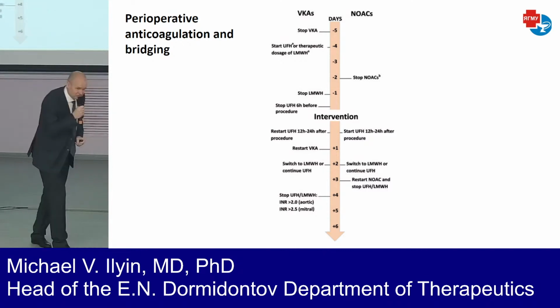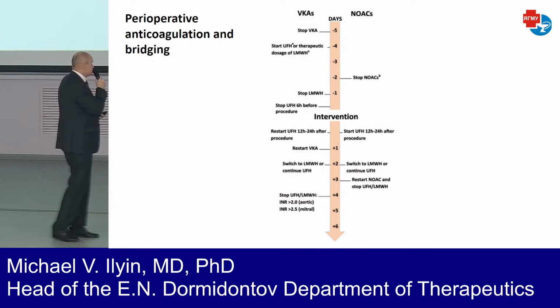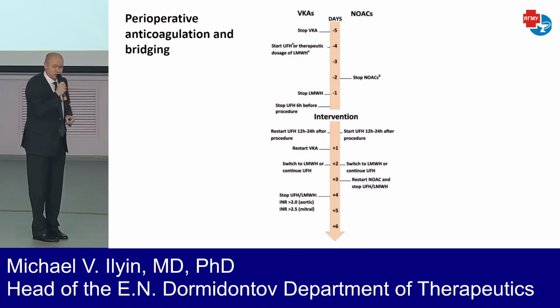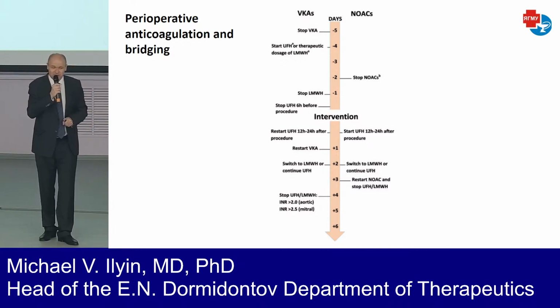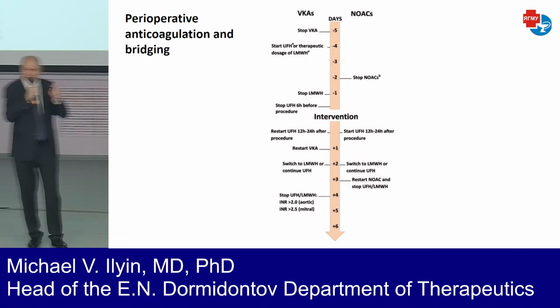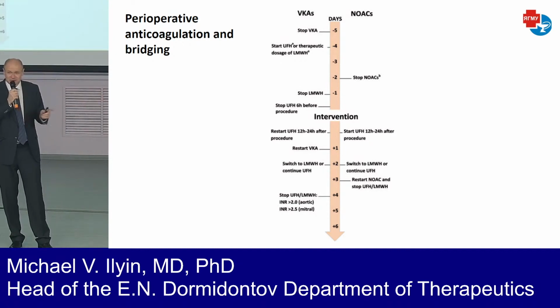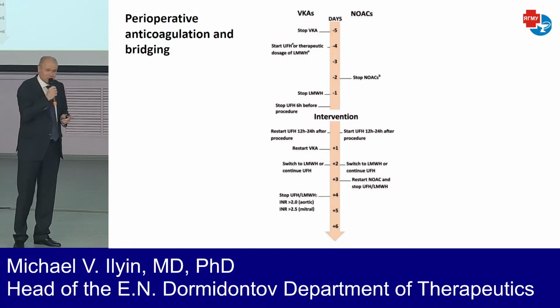No problem. Okay, if not, we have to stop unfractionated heparin 6 hours before a procedure. But low molecular weight heparin, we have to stop the day before a surgery, because of pharmacokinetics. So, the day of intervention, and everything's gonna be all right.